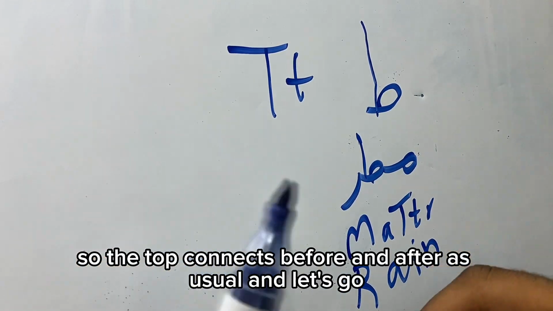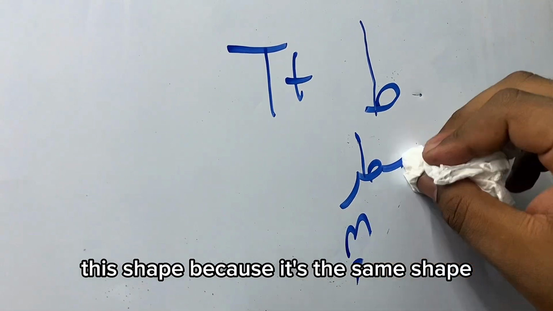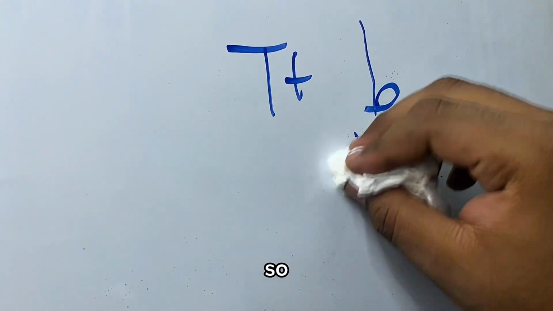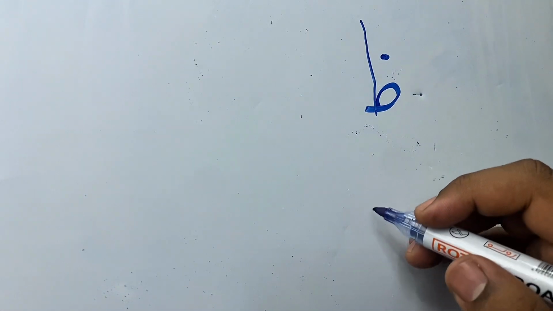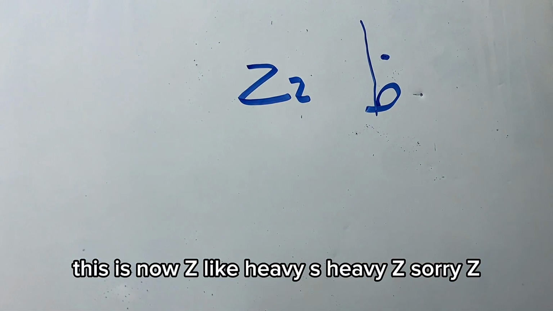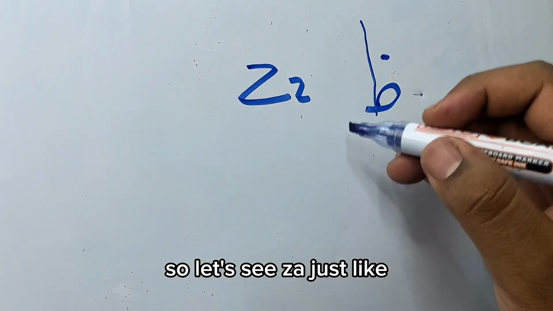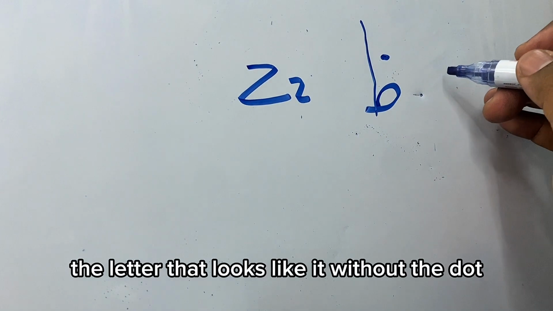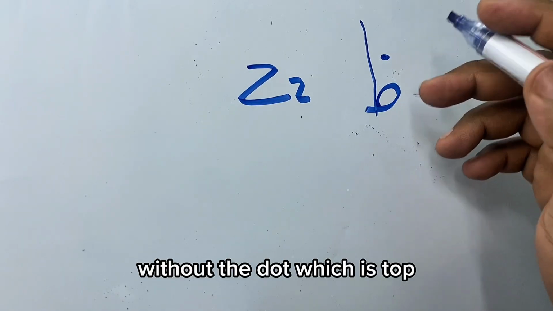And let's go. For the next letter, I'm not gonna erase this shape because it's the same shape. Same shape, but with a dot here. This is now Z, like heavy S, heavy Z, sorry, zo. So let's see, zo, just like the letter that looks like it without the dot, which is to.